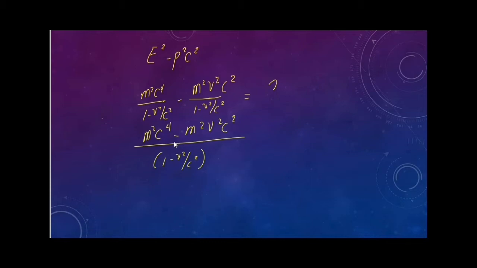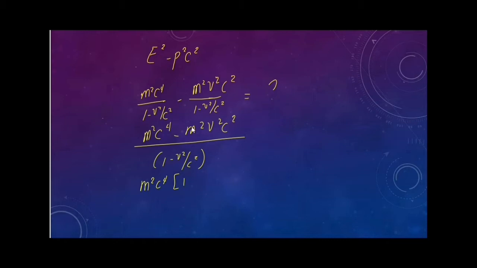Can we cancel out anything or factor out anything here? Looking at the equation, we can factor out m squared c to the fourth. So that will become 1.